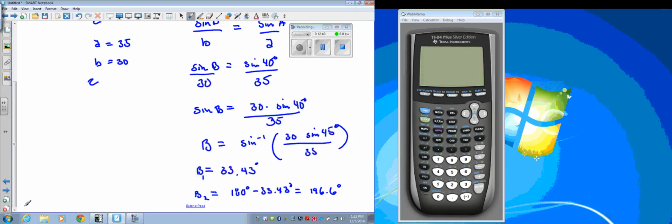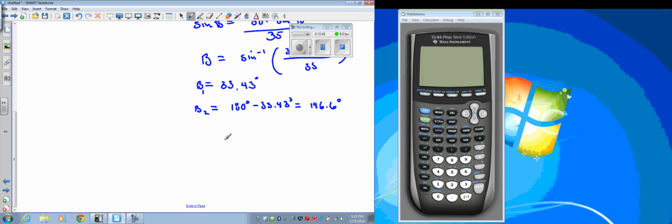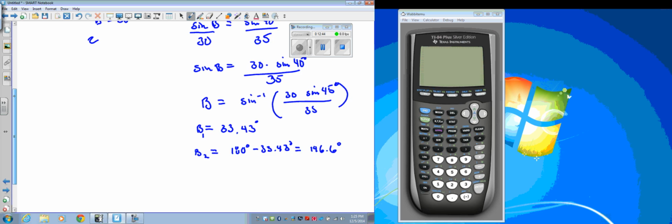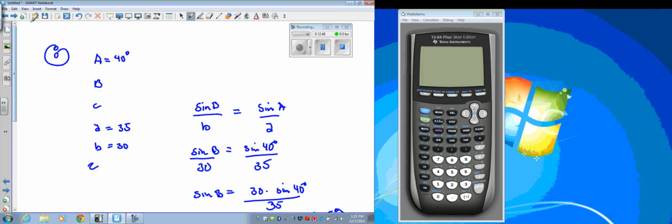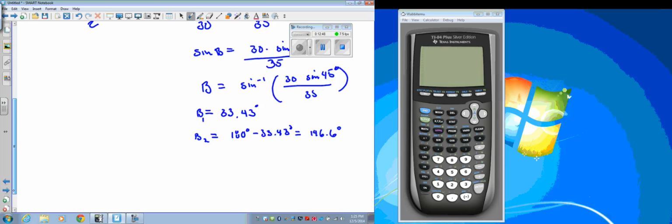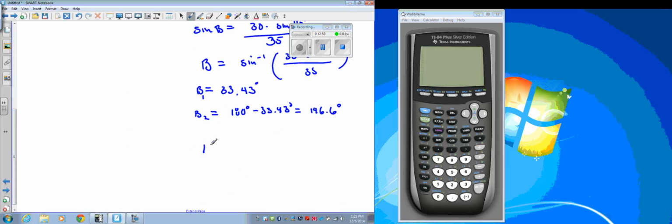So the third angle, what did I have? 40. 180 degrees in a triangle minus the sum of 40 degrees and 146, if we want to do what Chris said is 5/7.